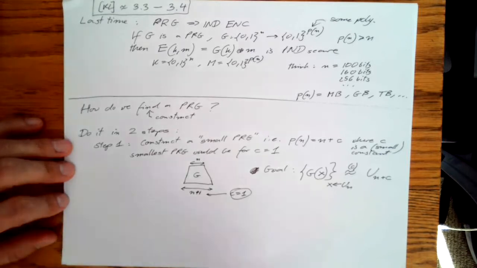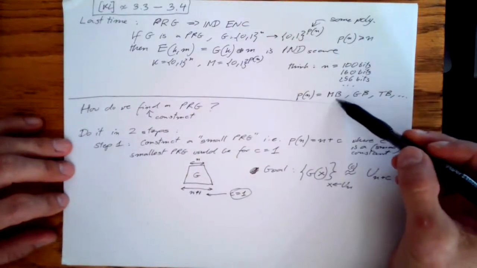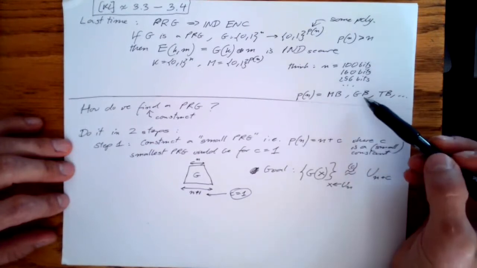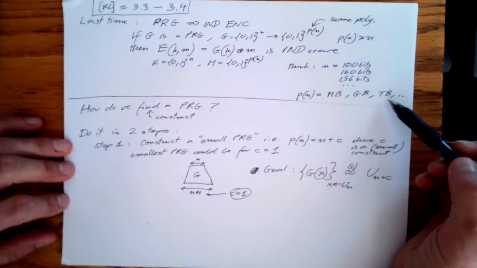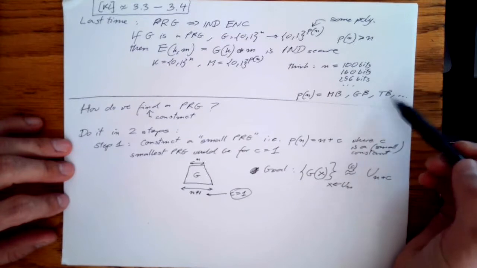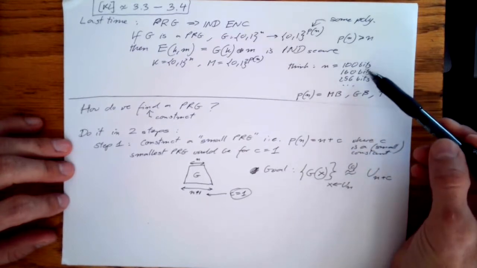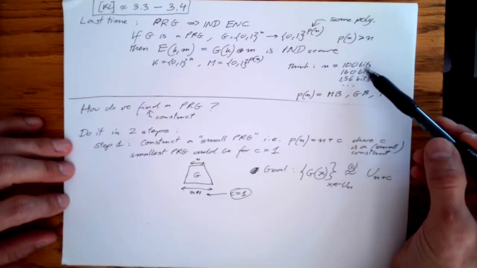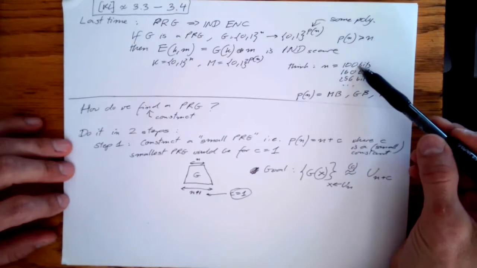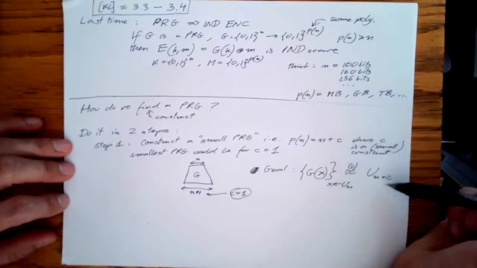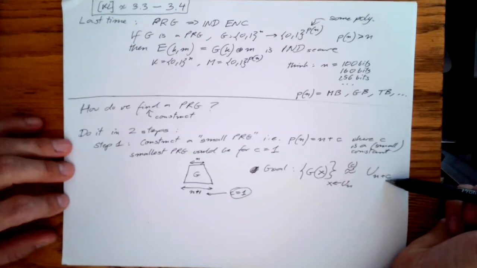So instead of asking that the output has a million bits, billion bits, trillion bits, I'm just asking that if the input has 100 bits, then maybe the output will have 120. Not much more, just a little more.